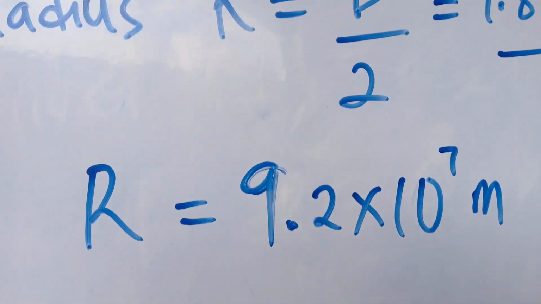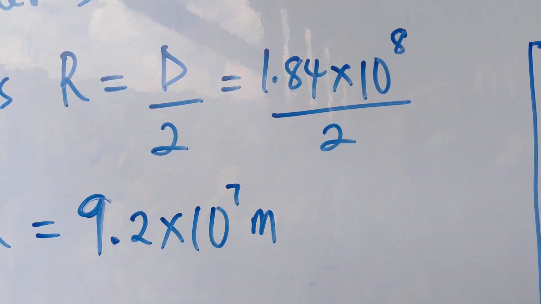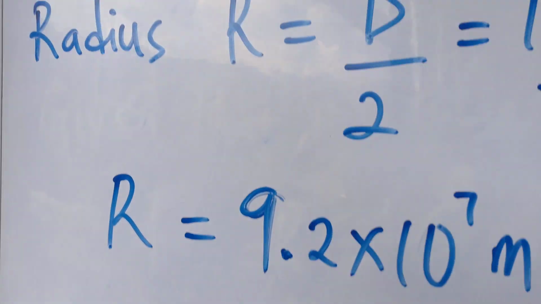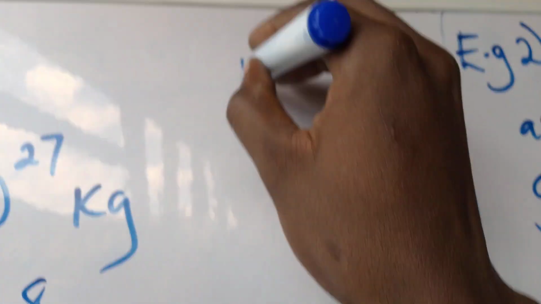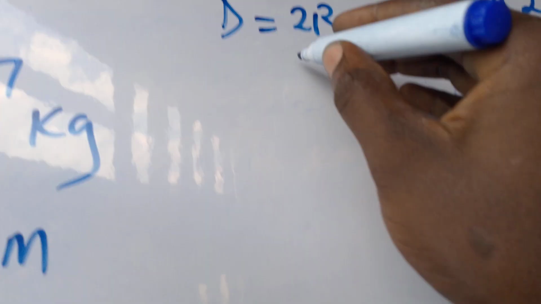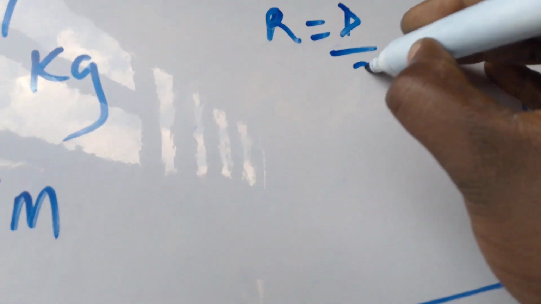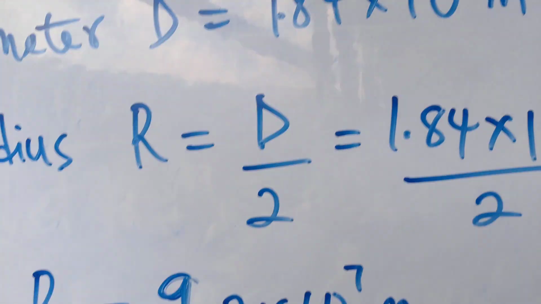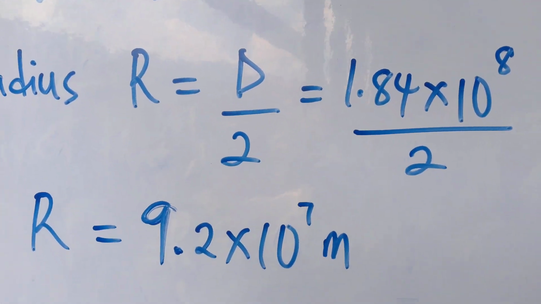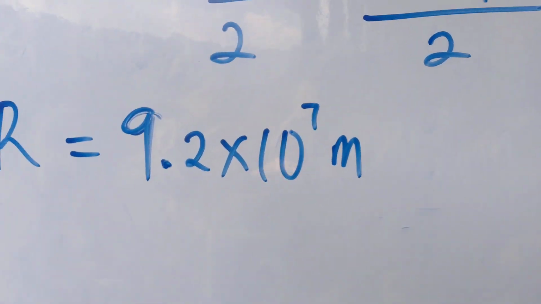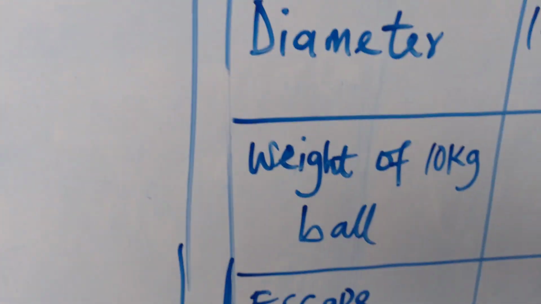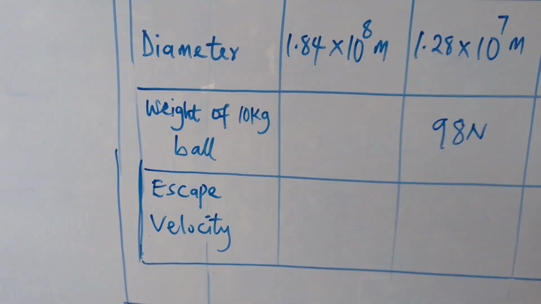Because the radius is half of the diameter, and diameter is 2 times the radius, that's why we have our radius as d over 2. Now the next thing we'll look at here is the weight of the 10 kg ball.